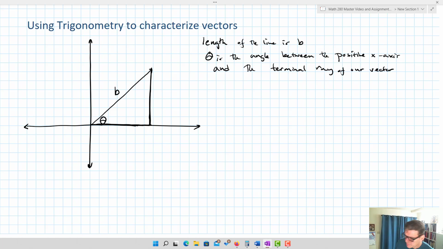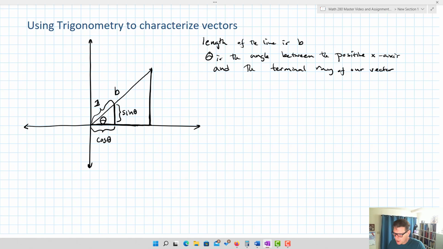So there's theta. Now, if you remember, let's imagine that the length here was 1. If that length was 1, then the x length would end up being cosine theta, and the length on the y-axis would end up being sine theta.